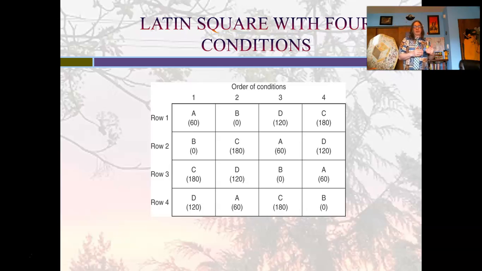And then because the first one is randomized, to randomize the rest of them, you just add 1, you increase the level of the condition for each one below it. So if you look at A, B, D, C as the top row, and then the next row, add 1 letter. It's B, C, A, D, and then C, D, B, A, and D, A, C, B. And so now we've got 4 completely different orders.